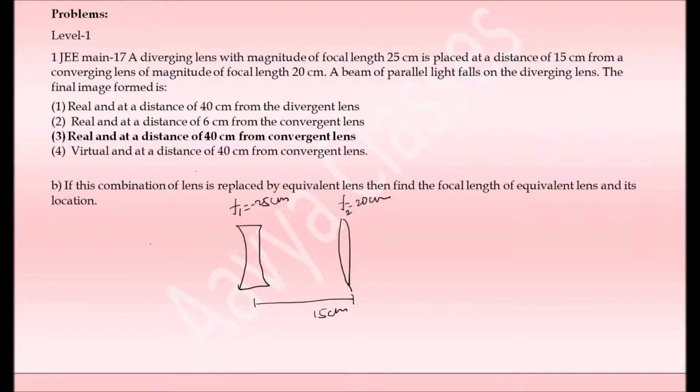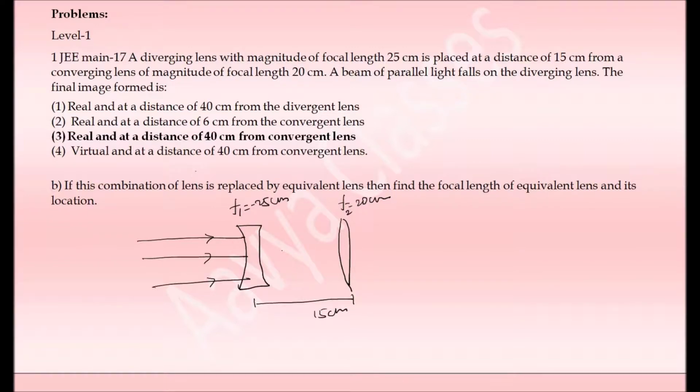Now a parallel beam of light ray falls on the diverging lens. Then you have to find the final image formed. We will solve this problem in two ways.